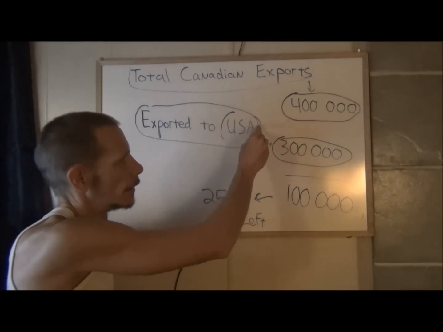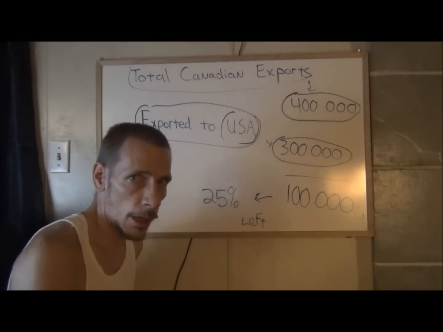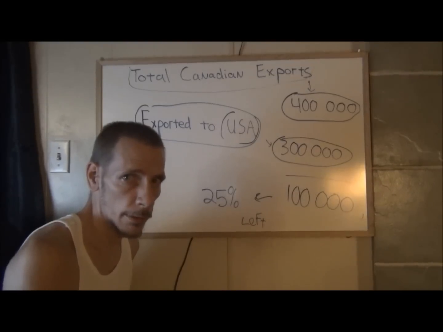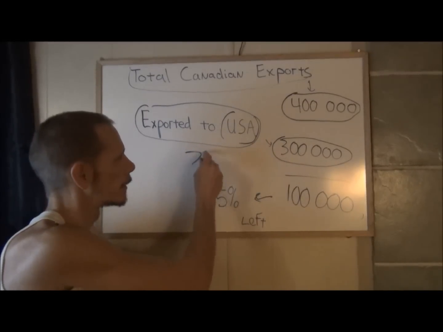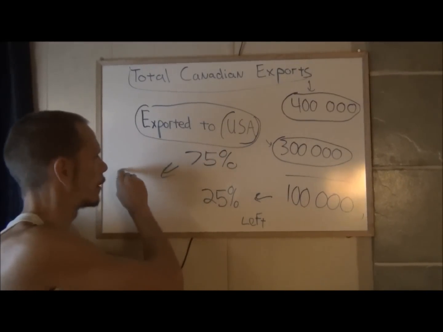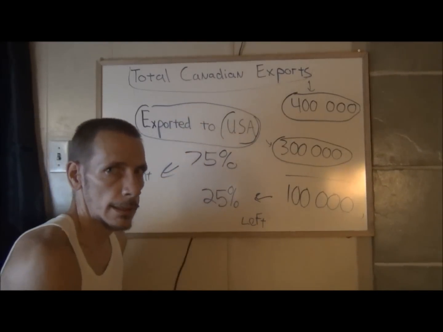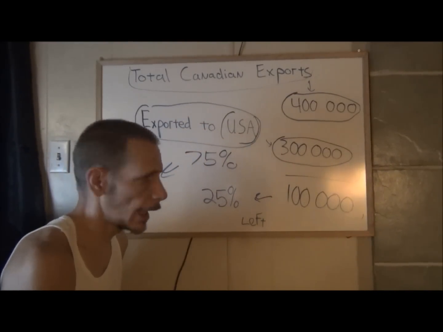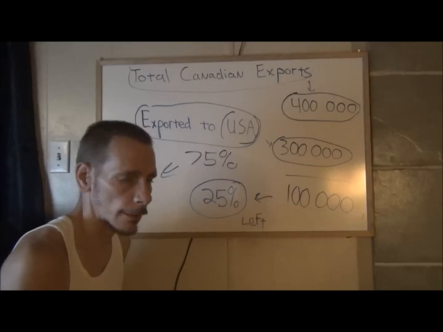States of America. So, if America was ever to collapse, if the economy or the value of the US dollar was ever to collapse, we would lose 75% of our export market right away. Instantly. That would have a catastrophic effect here in Canada. We would be left with only 25% of an export market.